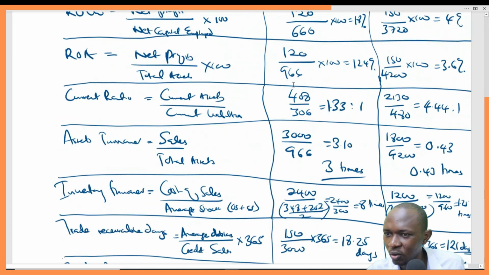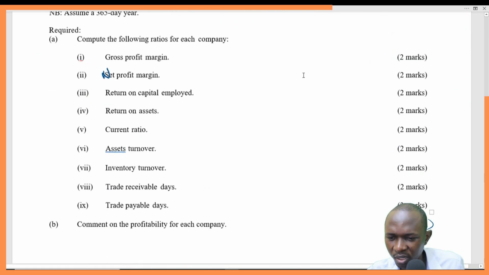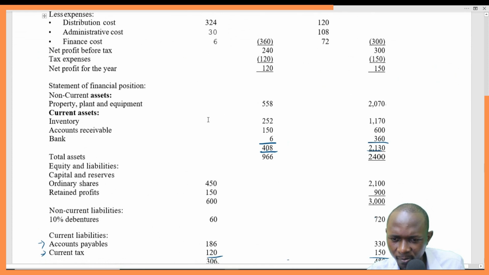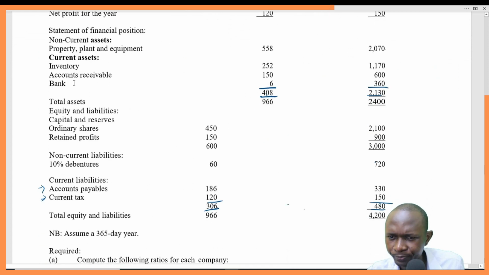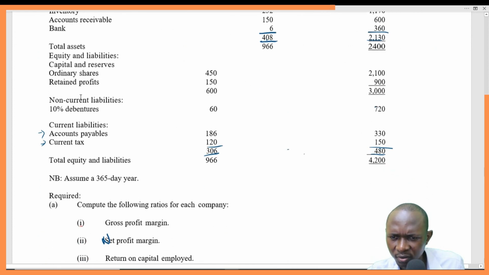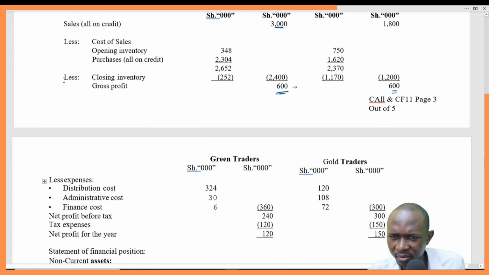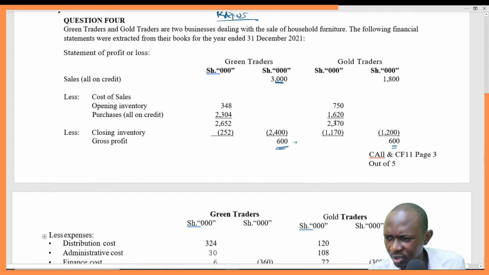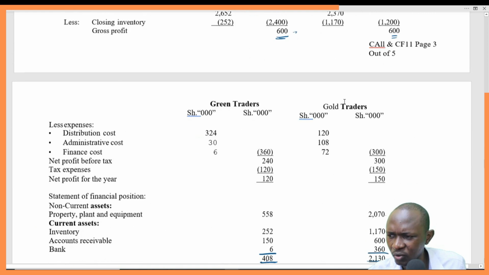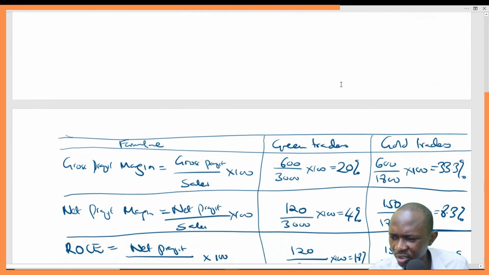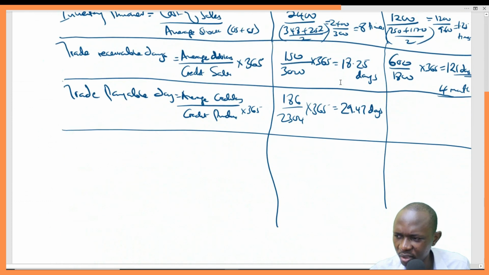Then for the gold traders, we will have accounts payable 330 divided by purchases 1620.